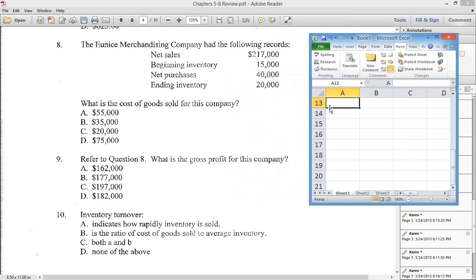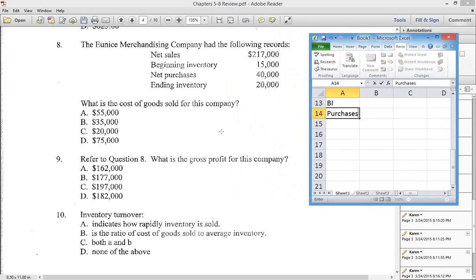And the way that I calculate cost of goods sold is my beginning inventory plus purchases. It says net purchases in the problem because net purchases would be purchases less purchase discounts, less any purchase returns and allowances.